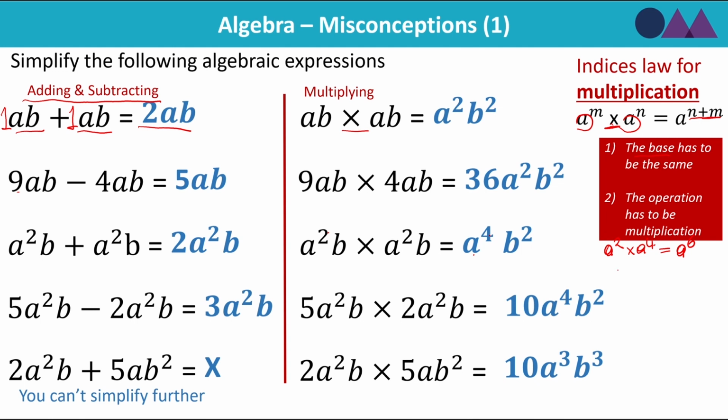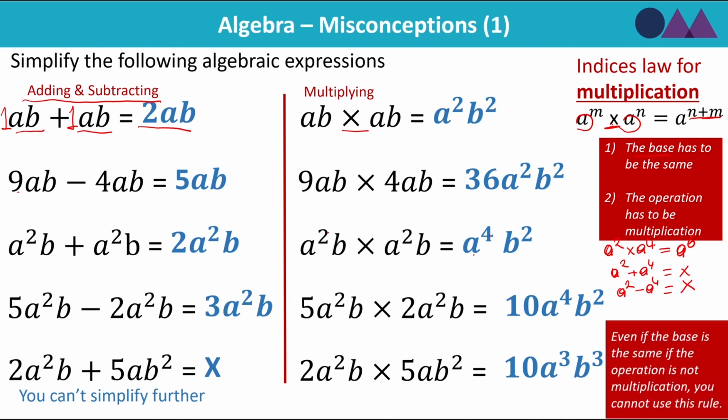If I change the operation, A squared plus A to the power of 4, or A squared take away A to the power of 4, I can't use this rule. So we can say, even if the base is the same, if the operation is not multiplication, you cannot use this rule. Alright?